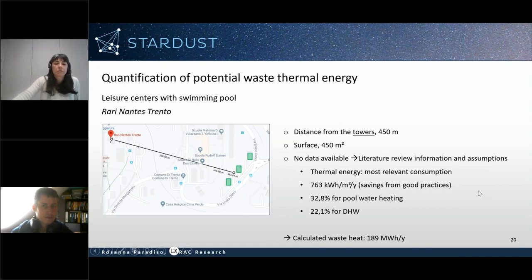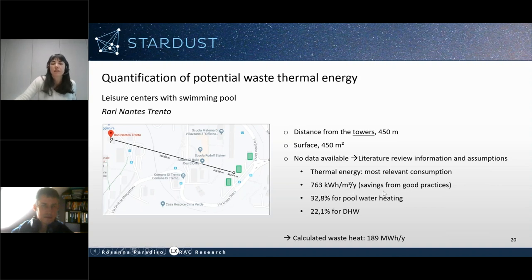So through the literature review, we detected that thermal energy is the most relevant energy consumption, and through good practices, one leisure center with swimming pool could save 763 kilowatt hours per square meter a year.